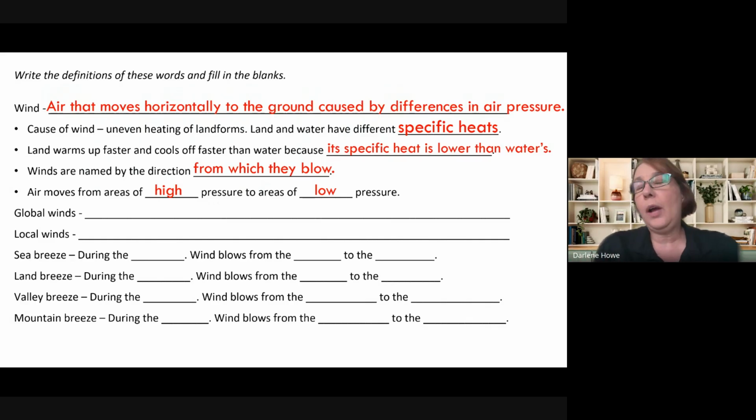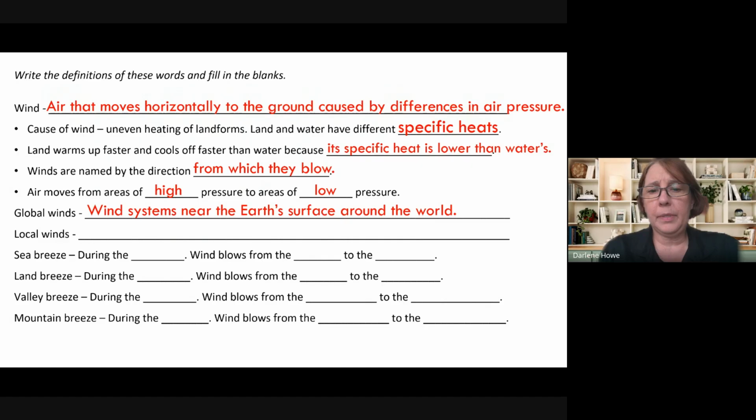Okay, how do we describe a global wind? We looked at the trade winds, the westerlies, the polar easterlies. Those are our global winds. How do we describe those? Wind systems near the Earth's surface around the world. It's that simple.